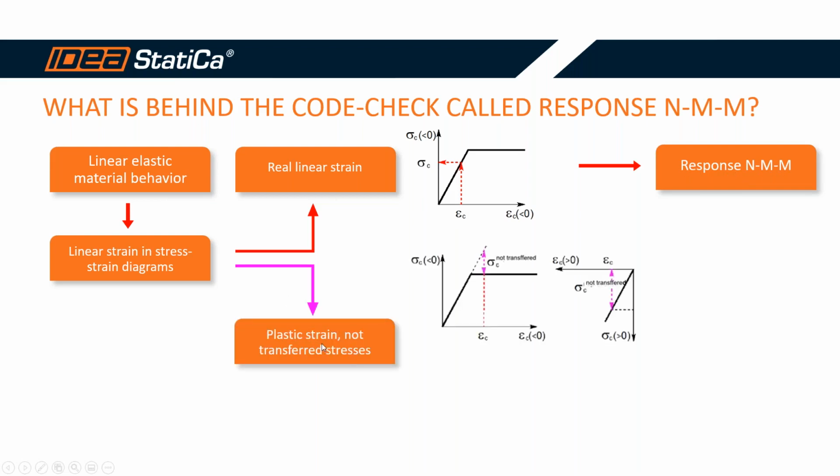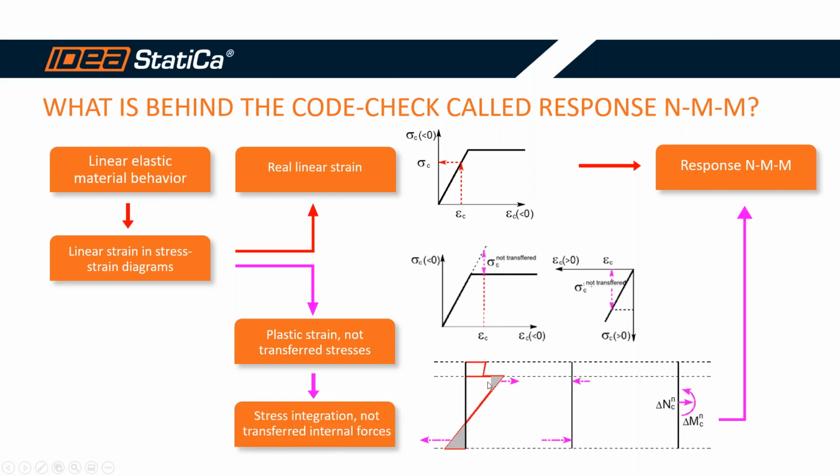If the strains are larger, we are on the plastic branch of the stress-strain diagram, and some non-transferred stresses occur here. We need to integrate them and subject the section to these integrated forces, and find the equilibrium together with other components of the loads, such as variable loads and secondary effects due to prestressing.